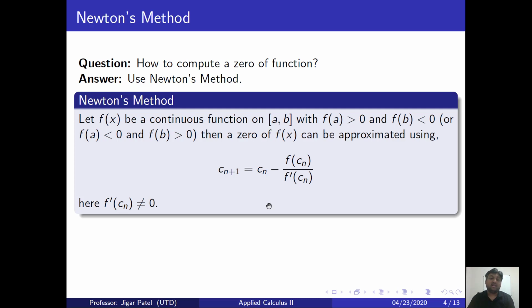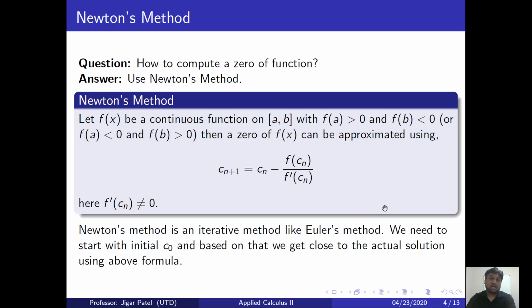It's clear that I need the function and its derivative to be evaluated at c sub n, the nth approximation of c. As I mentioned, Newton's method is an iterative method like Euler's method. We need to start with c0, and based on that we get close to the actual solution using this formula.